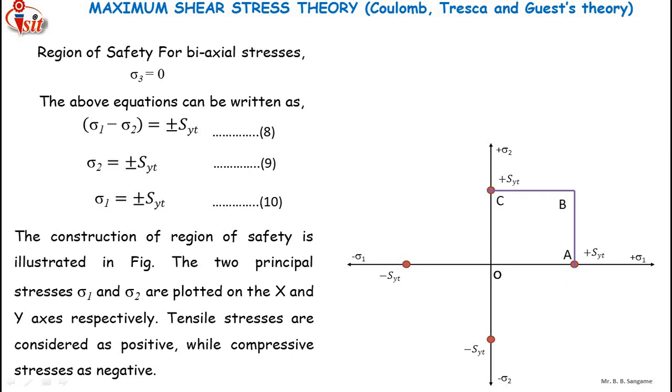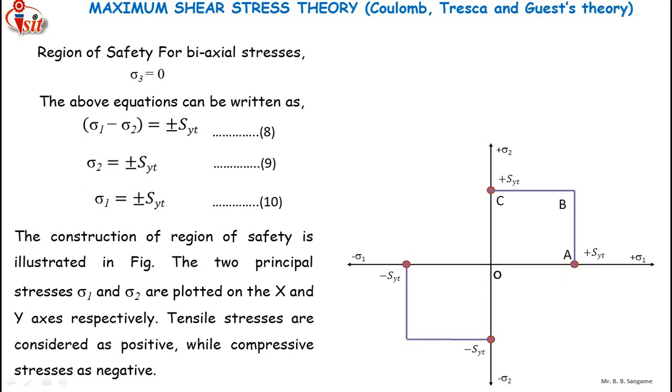Similarly, for the third quadrant, two values of compressive stresses are there: for sigma 1 minus SYT and for sigma 2 minus SYT, that is yield strength in compression. Let me draw a vertical line from this point, and from this point a horizontal line.